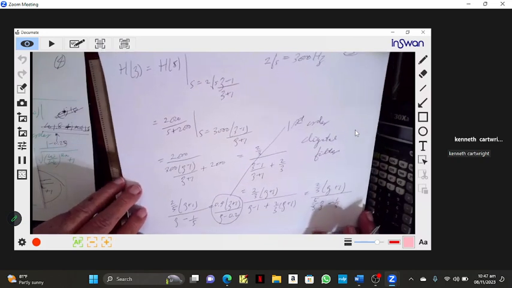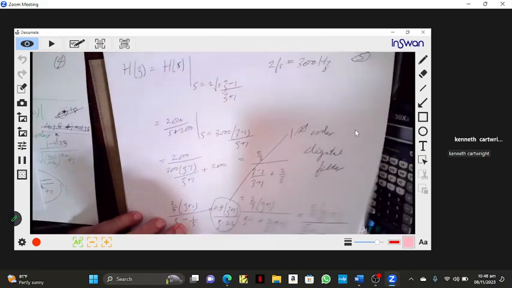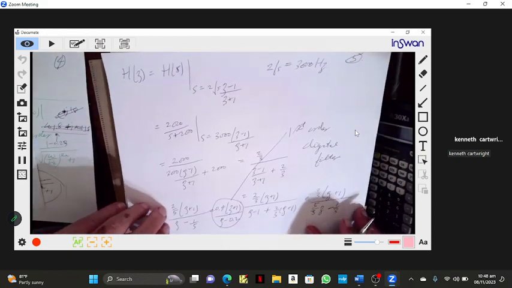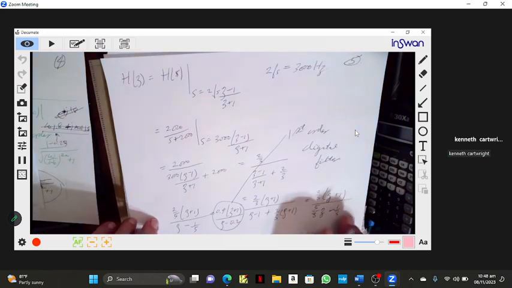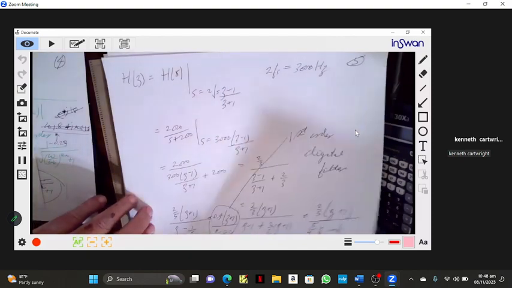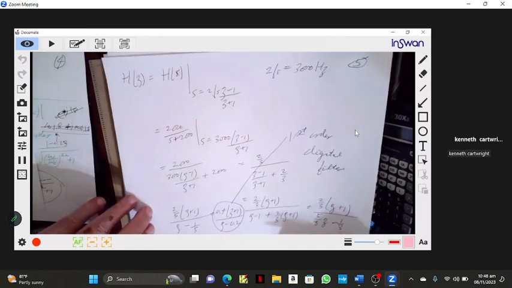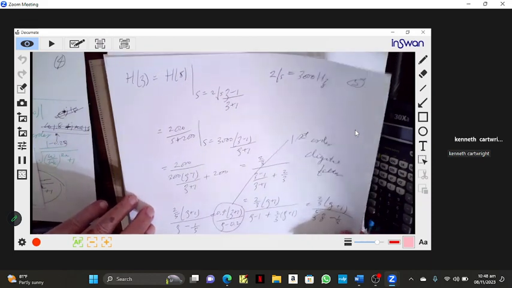Any questions about that? So we start off with an analog filter and we end up with a digital filter. Now, how good is this filter?